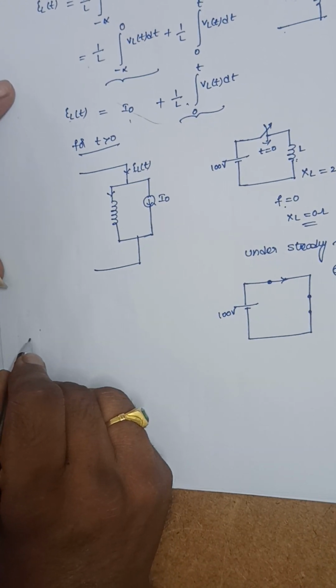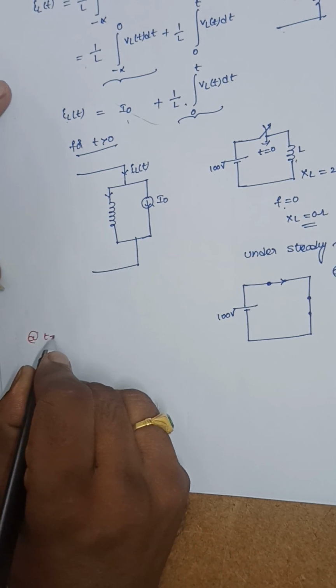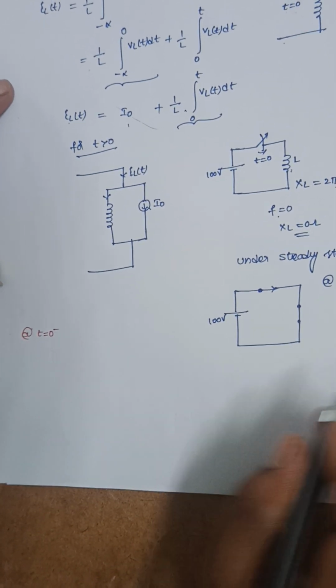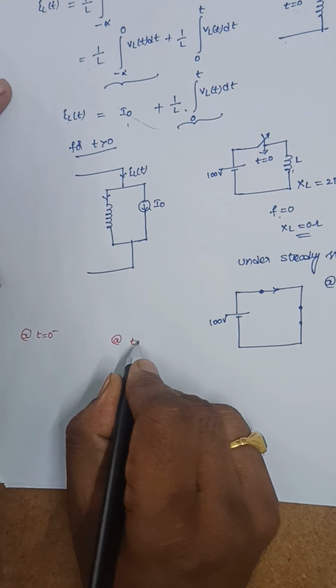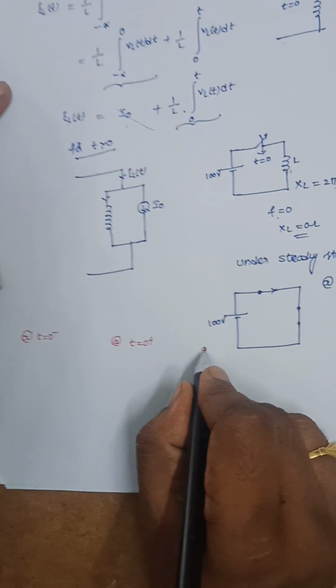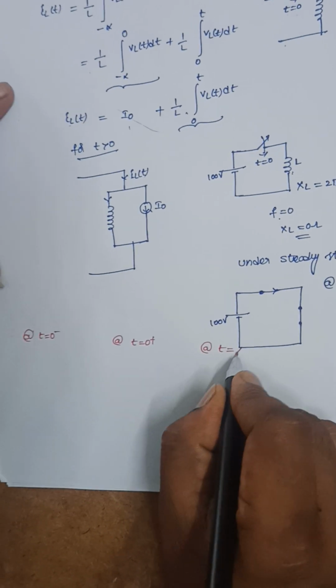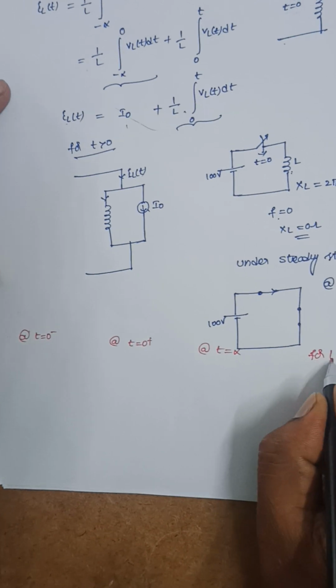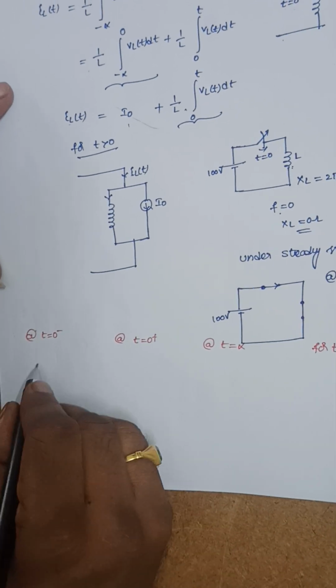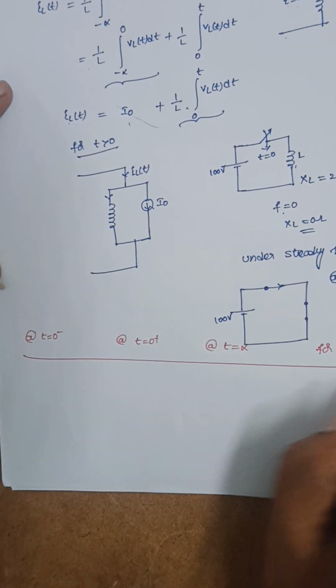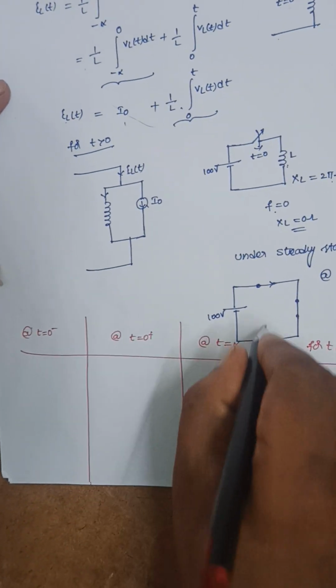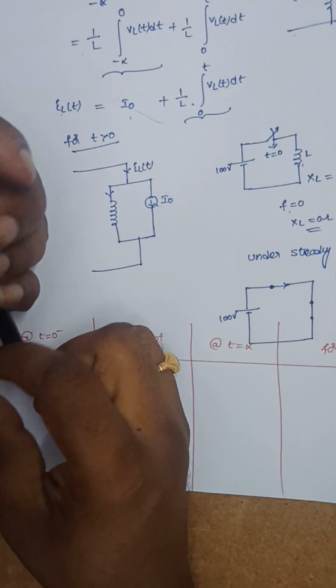So here it is at t is equal to 0 minus, at t is equal to 0 plus, at t is equal to infinity, and for t greater than 0, the representation of the inductance.